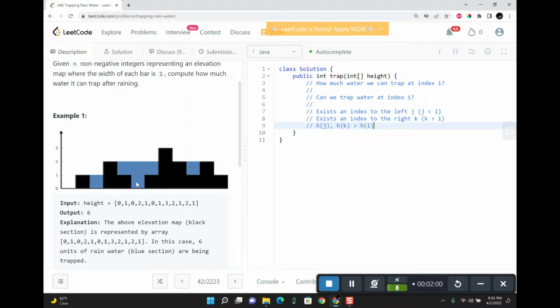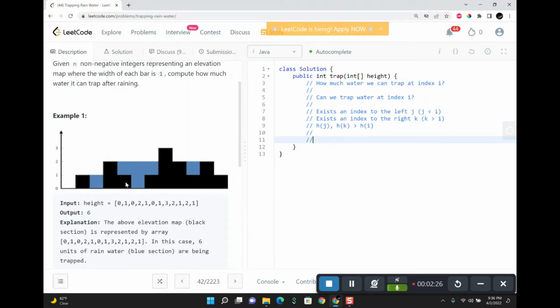Well, in order to trap water at any index, we need to have a left bound and a right bound. In other words, when I say left and right bound, I mean these indexes to the left and the right that have a greater elevation than our current index. That way we can trap water because it's going to be bounded both on the left side and on the right side, right?